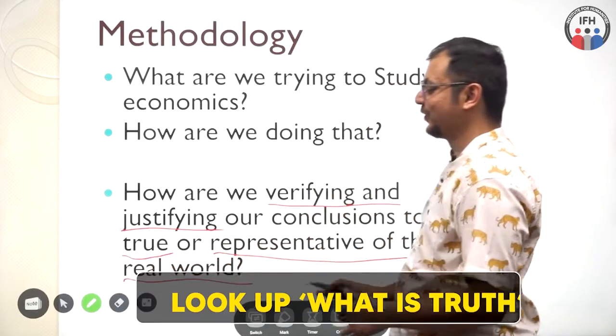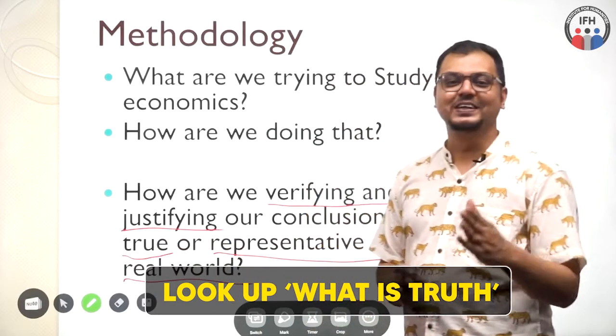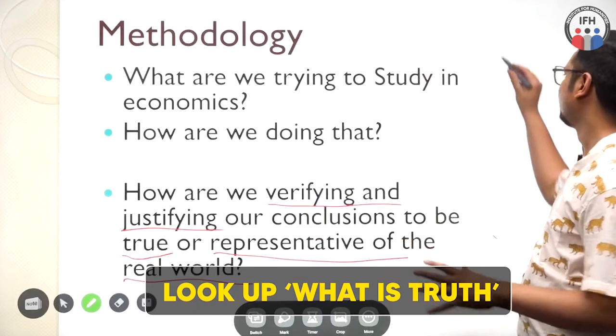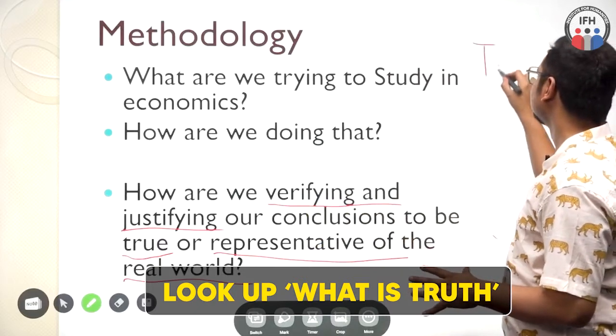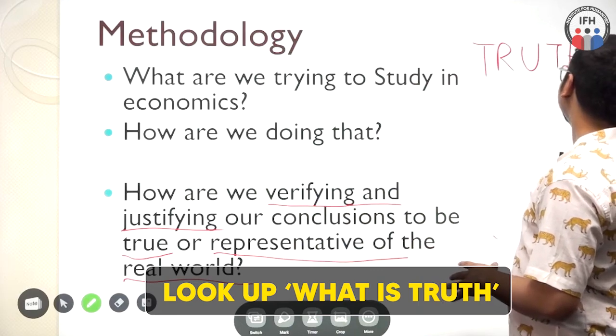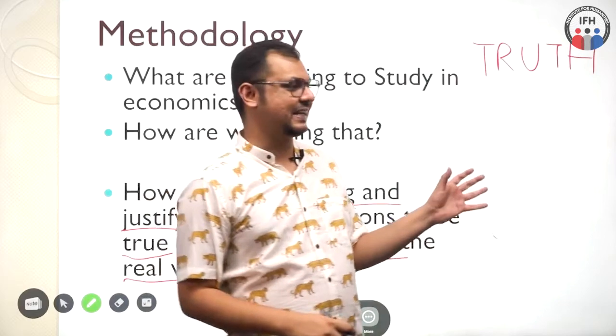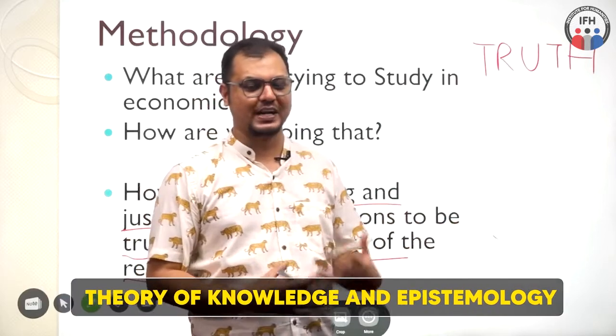right? I am not going to go into a discussion on what is truth. This is something you can Google and is a whole philosophical conversation in itself. I'd highly encourage you, before you begin any social science, to look into these basic ideas. It's called theory of knowledge and epistemology.